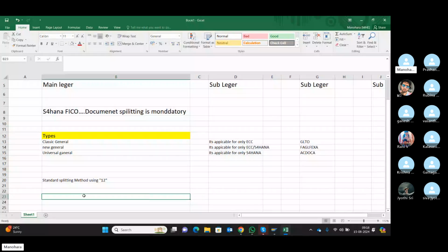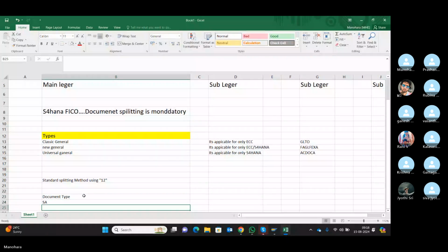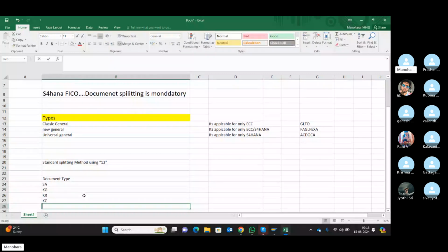So we have some document types, right? SA document, KG document, KR document, KZ document, AA asset document.